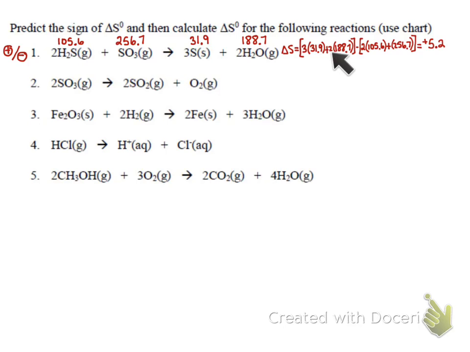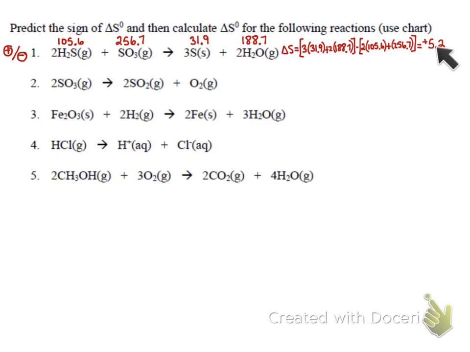All of that is going to be added together. Pay attention to signs. And then subtract it from the sum of the products. So again, H2S is going to be times 2. SO3, there's only one of them, so it's not going to be multiplied by a factor. And then plug that all in, and you're going to calculate the change in S.